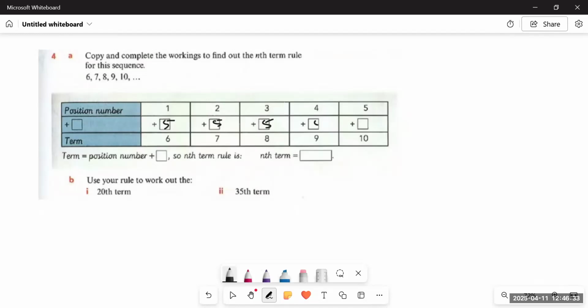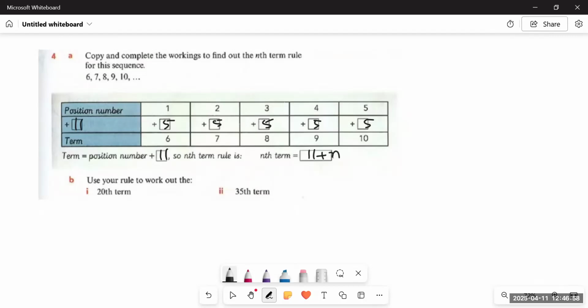Like if I have to find out the term at the 11th position, I will simply add 11 with 5 to find out the term at the 11th position. So the nth term would be n plus 11. Okay, so the nth term rule is 11 plus n. You see?